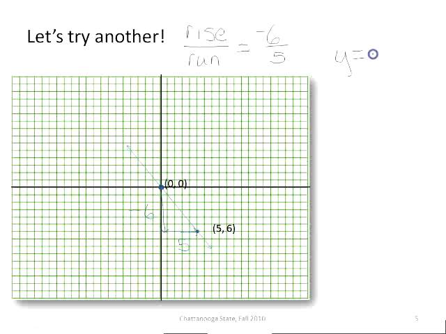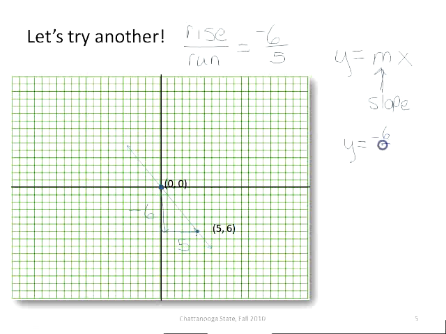Now because this line goes through the origin, we also know that it's going to have the form y equals mx plus b. So the equation of the line is going to be y equals whatever the slope is, the m is the slope, times x.